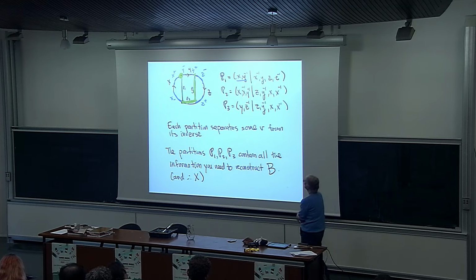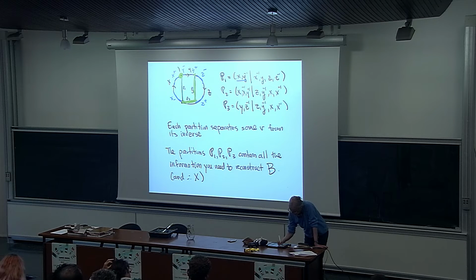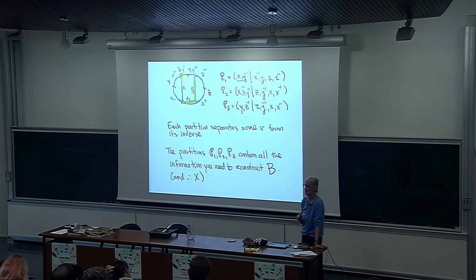Now, some of the half edges land in the top piece. What lands there, x plus, y minus, land in this piece of the tree, and all of the other half edges land in the other piece of the tree. Is that better?